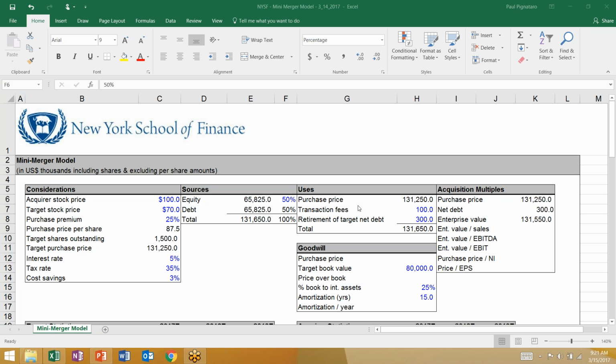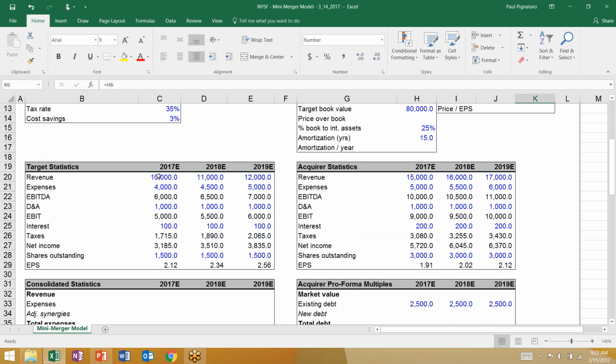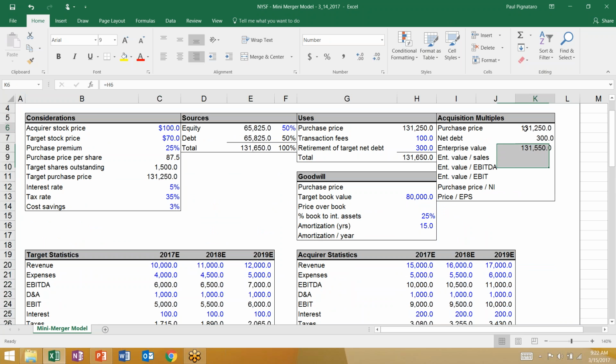Now, when we moved forward with running through the assumptions here, we started to lay out the acquisition multiples. Before doing that, we had to lay out all these target statistics first before building those multiples. So now we looked at the purchase price and the enterprise value.